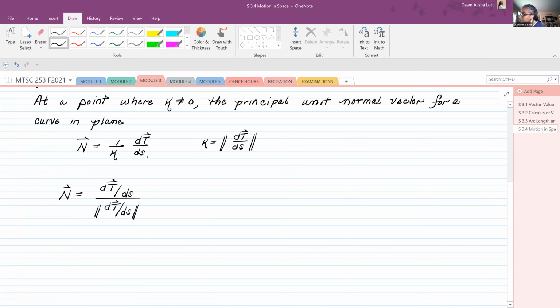Now dT/ds is dT/dt times dt/ds, and we take the length of that, which is the length of dT/dt times the absolute value of dt/ds.